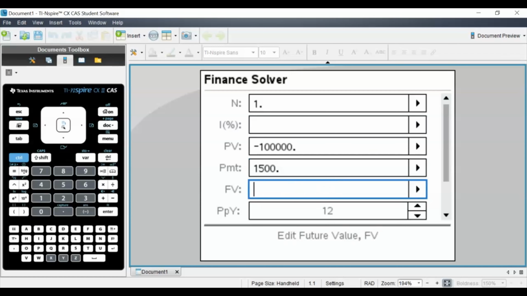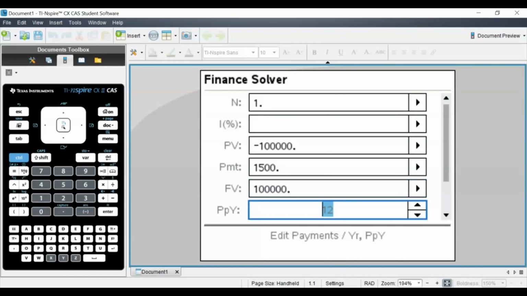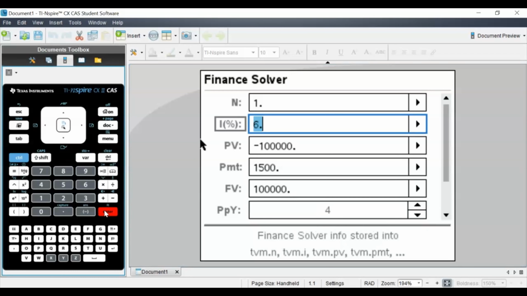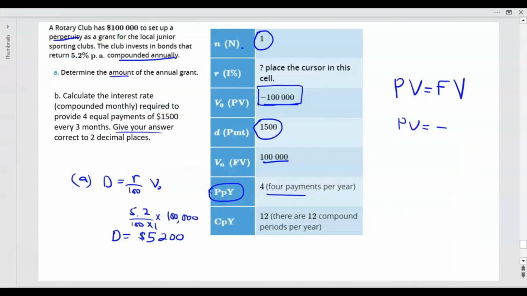The future value and the present value will be the same, except that one is positive. Every quarter, the payment is made, but the interest is converted monthly, so that's going to calculate the interest rate required.